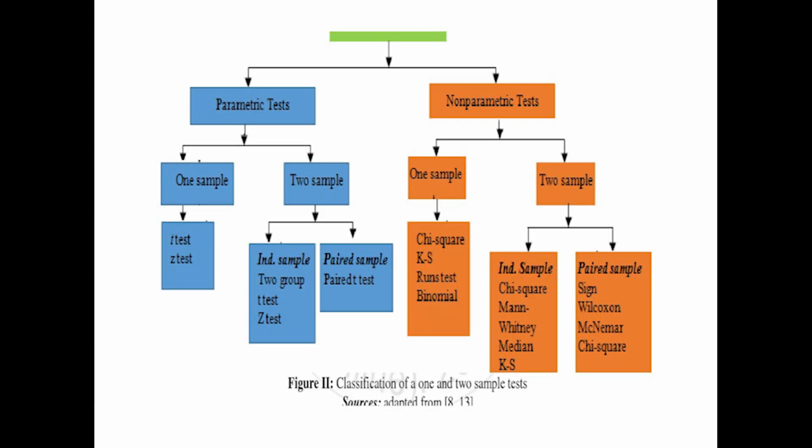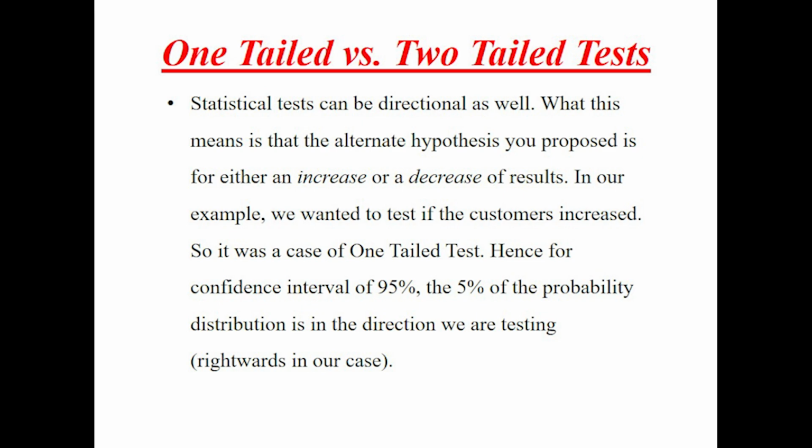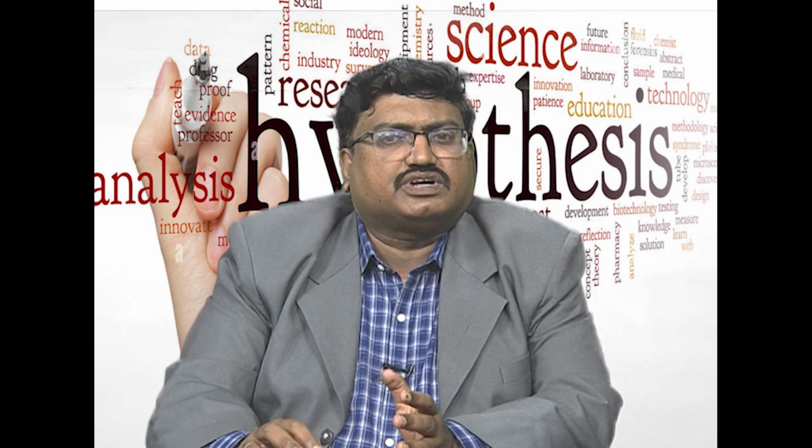And again, to reiterate, what is one-tailed versus two-tailed? Statistical tests can be directional. That is where we have the one tail. It means the alternate hypothesis is proposed either as an increase or decrease of the result. In an example, we wanted to test if customers increased. So it is a case of a one-tailed test. Here we have a confidence of 95%, or 5% of the probability distribution is in the direction of testing, the right side.